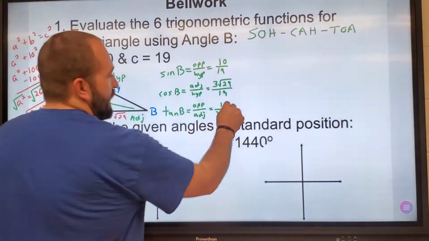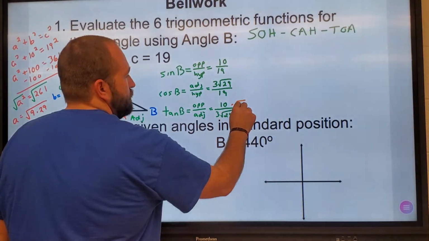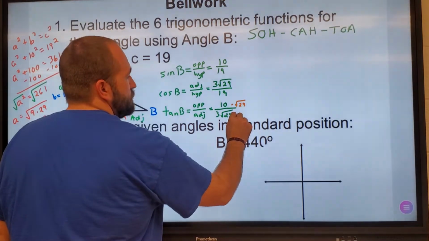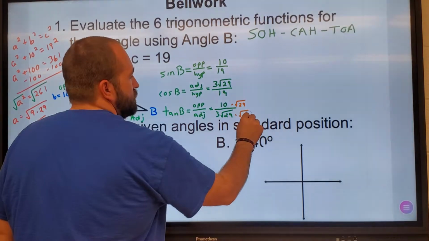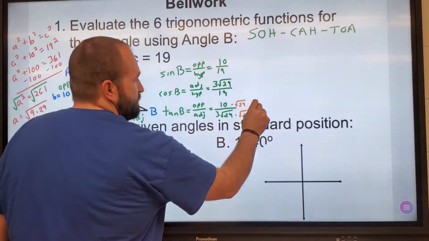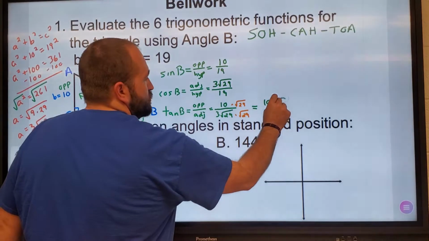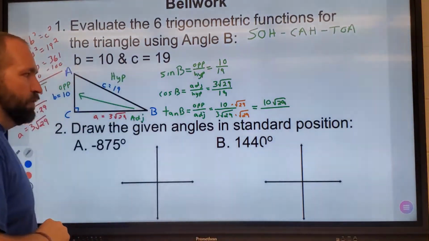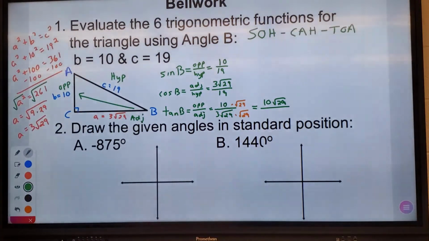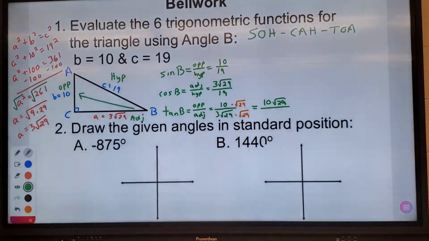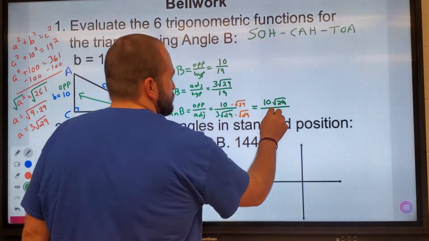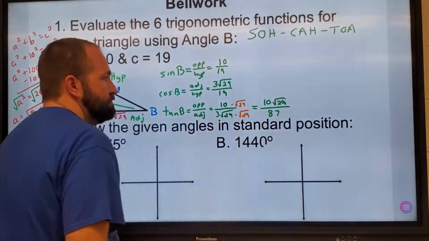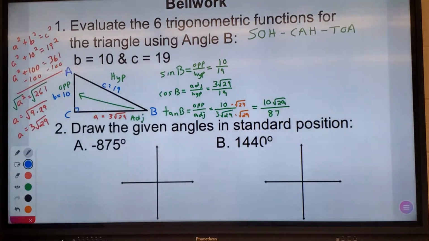I need to multiply the top and the bottom by that square root, and that would give me 10 square root of 29 over, this is 3 times 29, because remember the square roots will then cancel out. So 3 times 29 is 87. Okay, so there are my values for sine, cosine, and tangent.